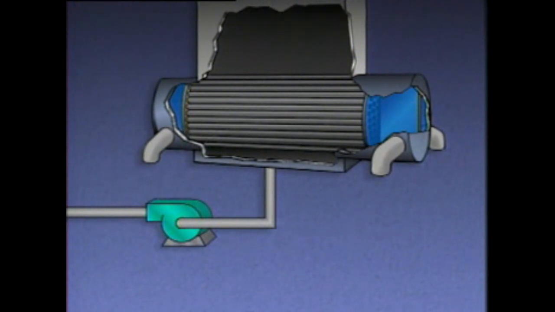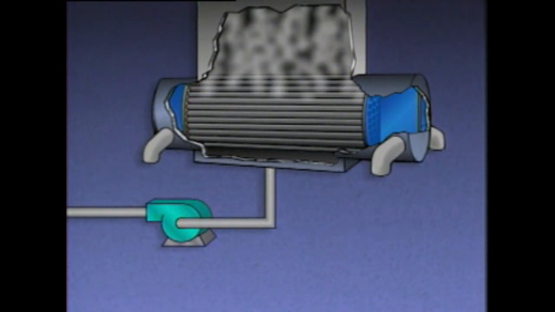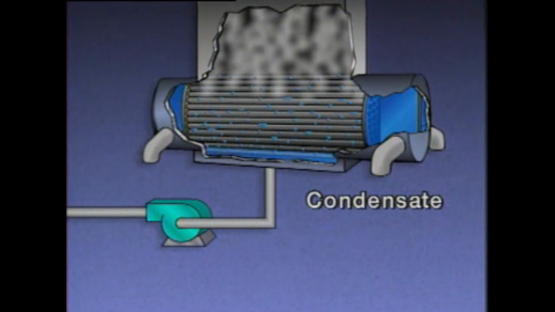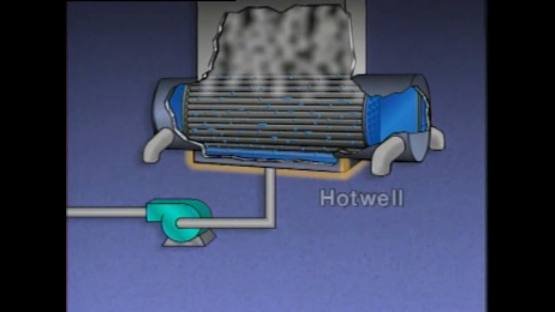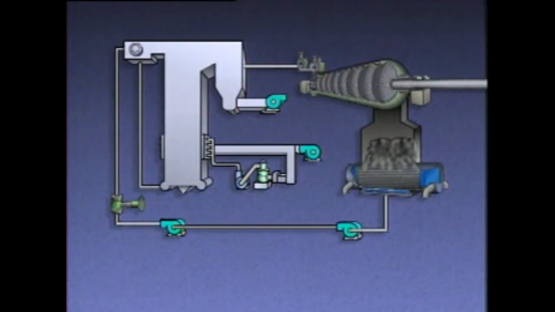As steam is exhausted from the turbine, it passes over the tubes, is cooled, and condenses into water. The water, which is called condensate, drips into the bottom of the condenser. The area at the bottom of the condenser is called the hot well. A system called the condensate feed water system completes the steam cycle by sending the water back to the boiler, where it becomes steam again.